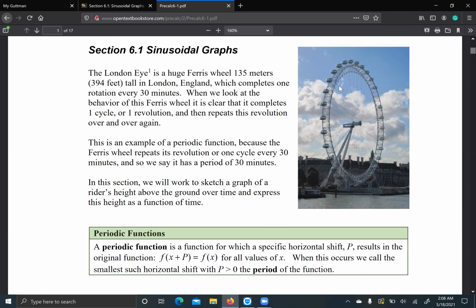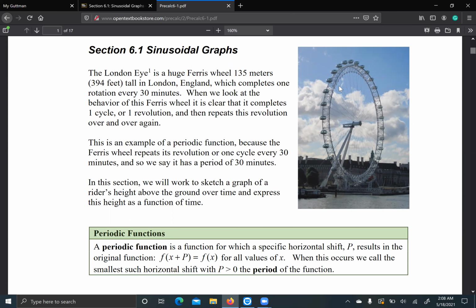Okay, so if we look at the behavior of this Ferris wheel, we see that to complete one cycle or one revolution, it takes 30 minutes, and then it repeats this cycle, this revolution, over and over and over again.